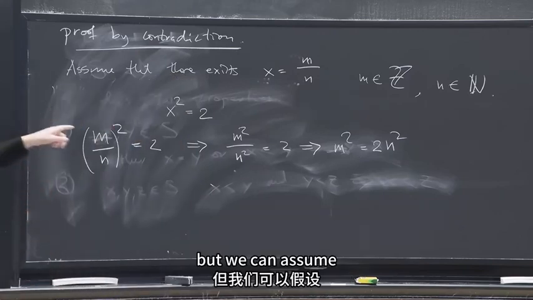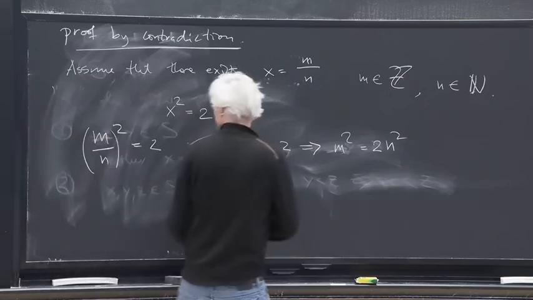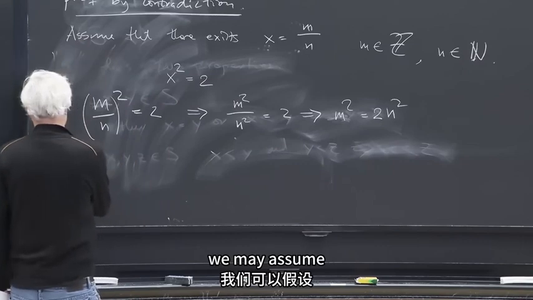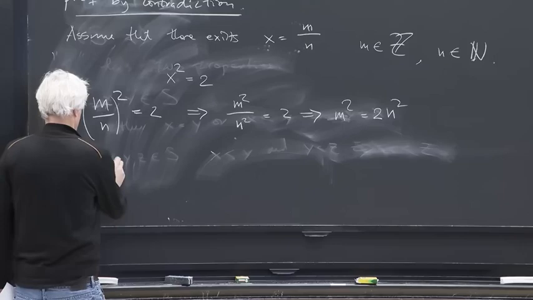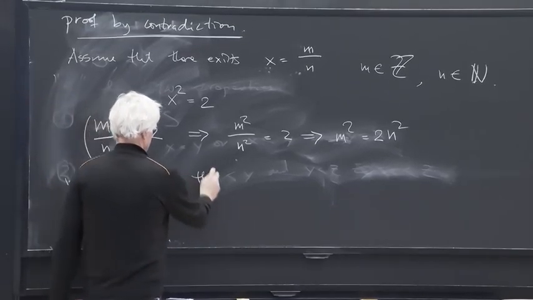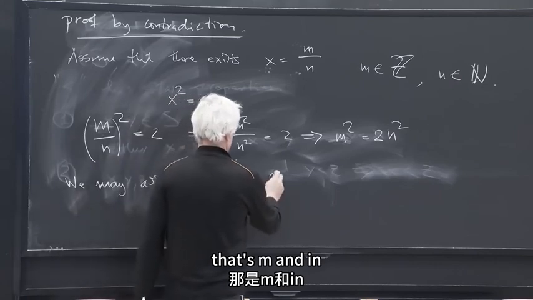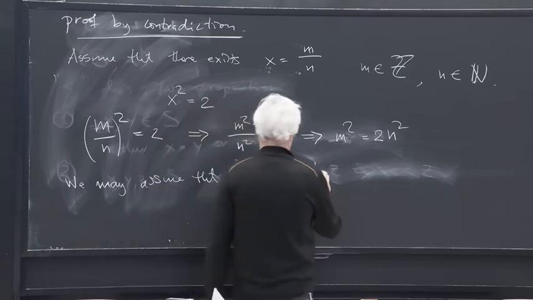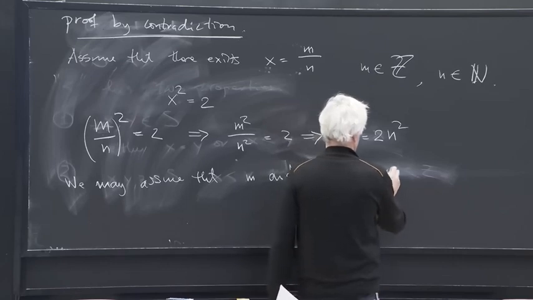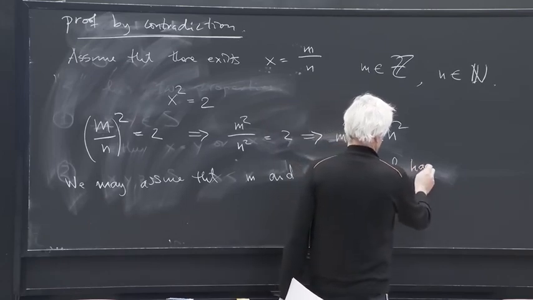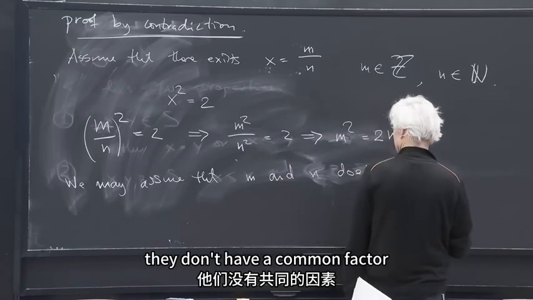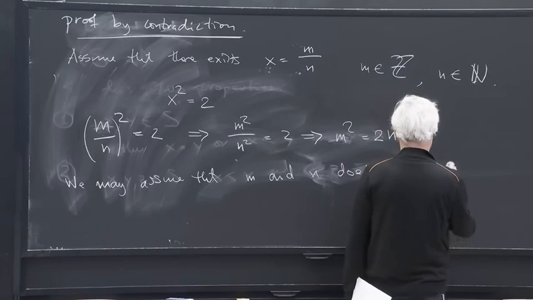But we may assume that m and n do not have a common factor, because otherwise we could just reduce it until they don't have a common factor.